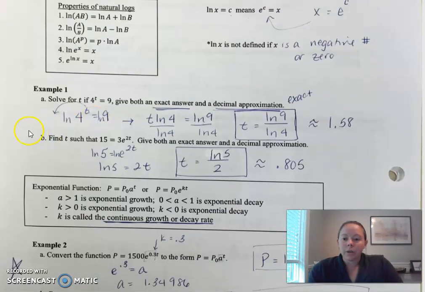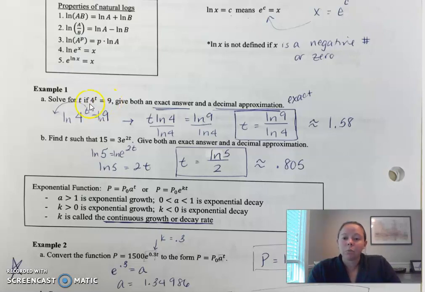Alrighty, so example 1, solve for t if 4 to the t equals 9. Now, I always tell students there's two types of problems. There's problems where you need natural log or logs to solve, and there's problems where you're trying to get rid of them. And in this case, to pull that exponent down, I need natural logs to solve. So that's the first thing I'm going to do.